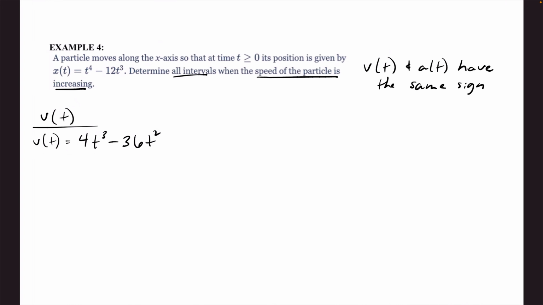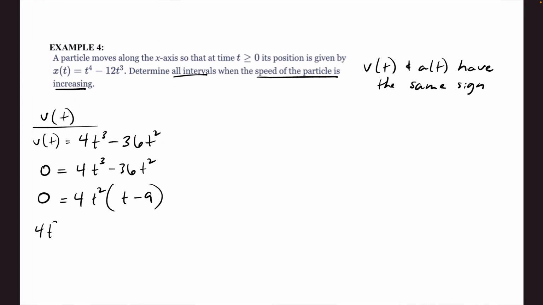So how do we use that to figure out when velocity is positive or negative? Find where it's 0 first, right? That's the first derivative test. So figure out when it's 0. You can factor out 4t squared, which will leave t minus 9.